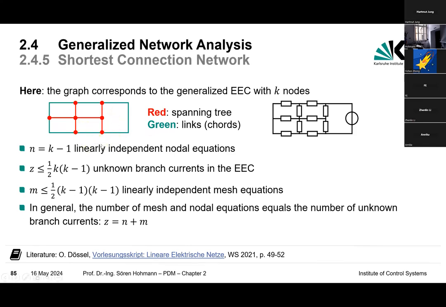And the interesting fact is, with the spanning tree, I note how many nodal equations are necessary. So the number of meshes and nodal equations equals the number of unknown branch currents. So that's it, and then I'm happy. With that, I know how many independent variables I need.